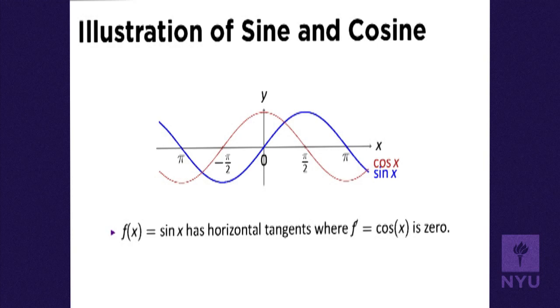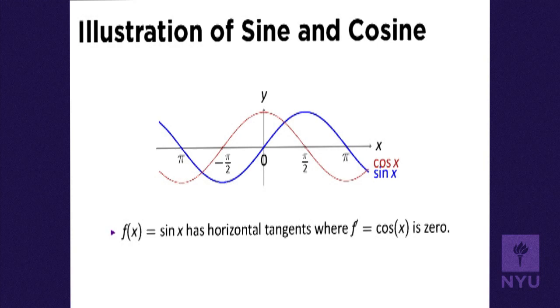Here, cosine is decreasing, and sine is positive. So again, it's not the derivative of cosine, but it's actually the opposite, because everywhere cosine is increasing, sine is negative. Everywhere cosine is decreasing, sine is positive.